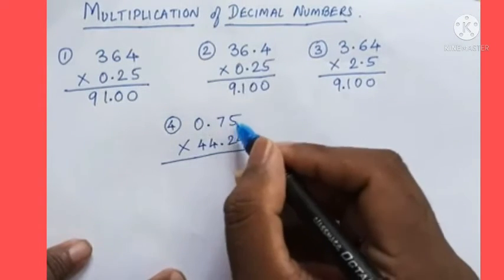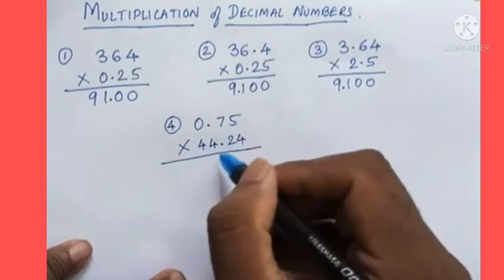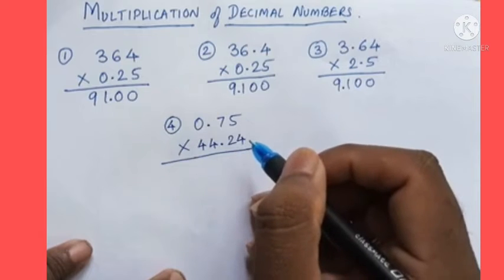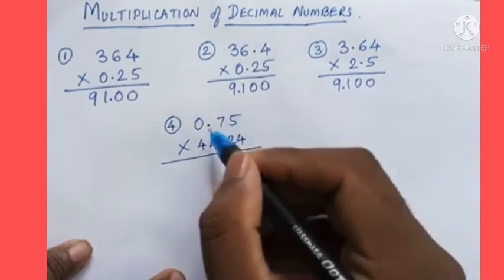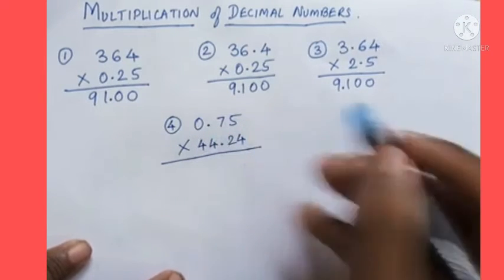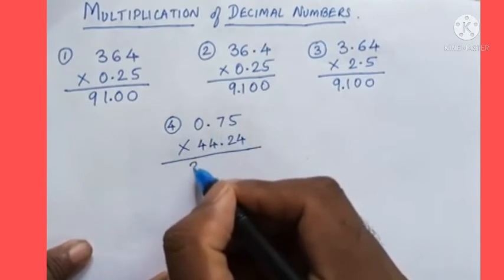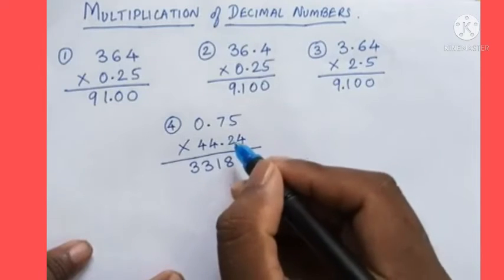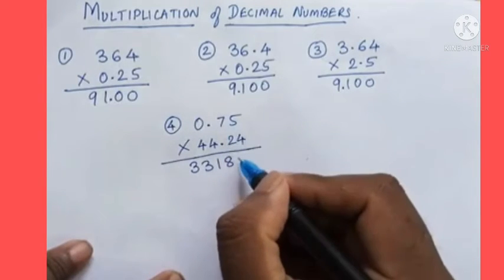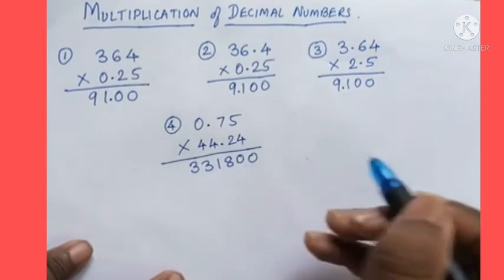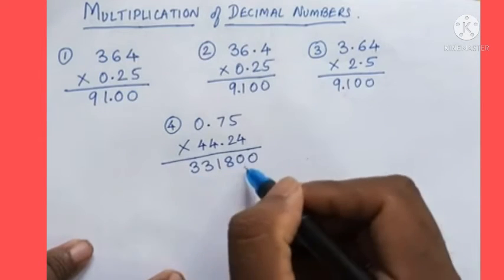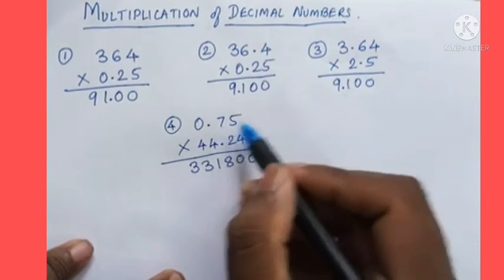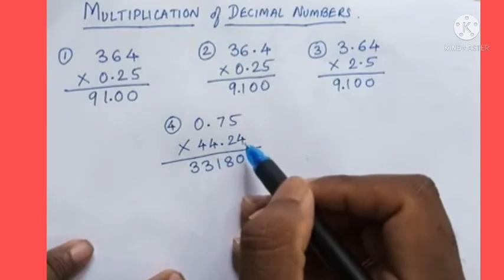First we'll have to multiply 75 with 4424, ignoring any decimal point here. The answer that we get after multiplying 75 with 4424 is, I think, 3318 and 2 zeros. So 331800 is the answer that we'll get after multiplying 75 with 4424.